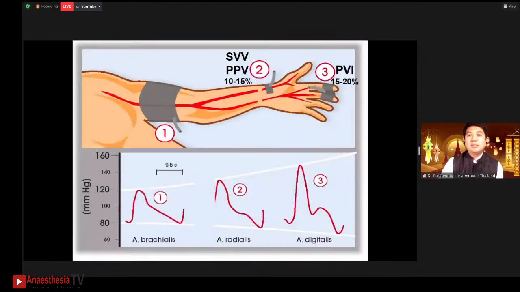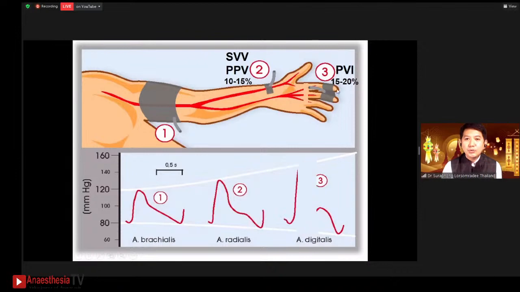And if we decide not to use the minimally invasive arterial line, but to use the finger pulse, the finger pulse is totally non-invasive. We can use the finger pulse for the PVI, respiratory index as well. But we have to think that this is far away from the heart. That's why the variation is higher, from 10 to 15 up to 15 to 20.